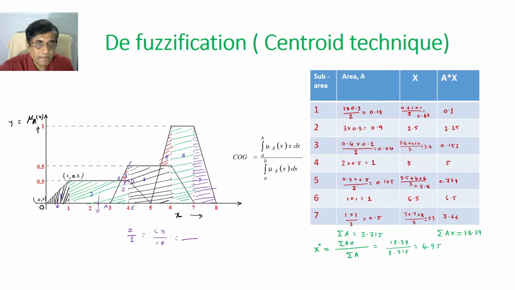CD is 0.2 divided by CE 0.5. So Z is equal to 0.4, isn't it? 0.4. So this is here 0.4 times, so this is the base, and times altitude is 0.2. So you can calculate this very easily.